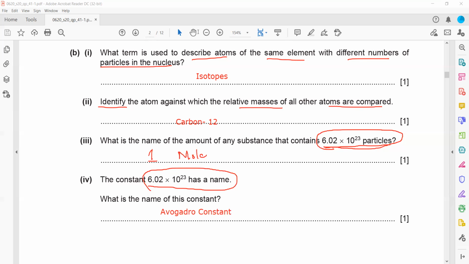Is it clear? Anyone having a doubt in this question? This was the first question, I guess. Next is about the relative atomic mass.